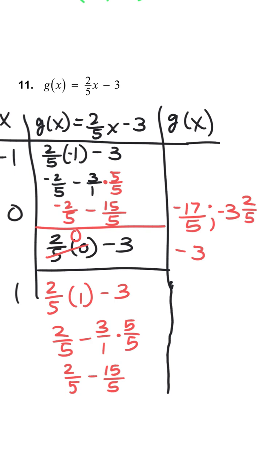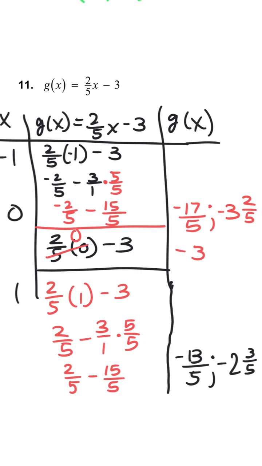Negative 13, correct. Negative 13 over 5. Can I do this as a mixed number? Yes. How many groups of 5 can I make in 13? Negative 2 and 3/5. So if you notice, it's still negative, but it's not the opposite.